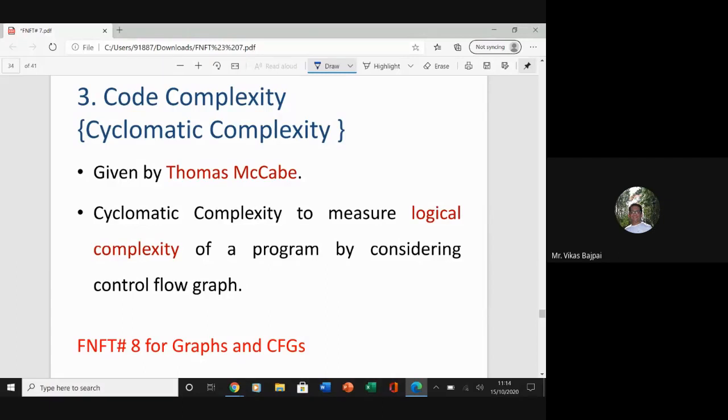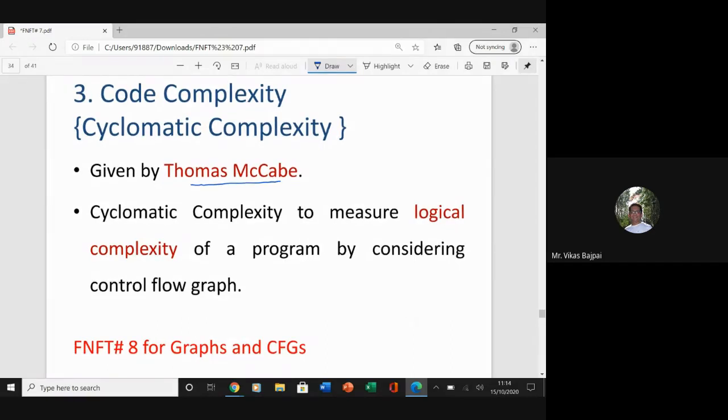The idea came from graph theory, where we come across this topic, code complexity. And this was given by Thomas McCabe.